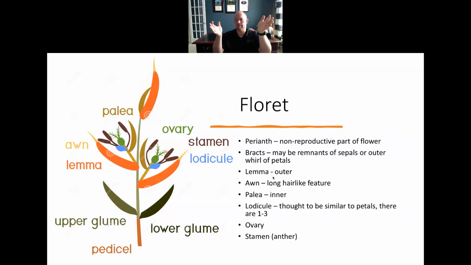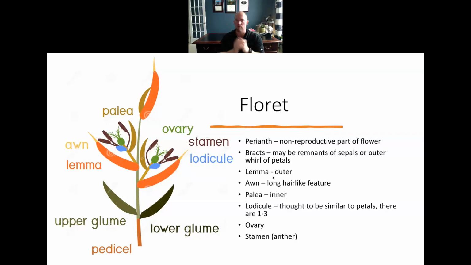The glume would be like those sepals, which are those little green vegetative leafy-like structures below the petals on a flower. Okay. And then inside of the palea emerges, you figure the lemma and the palea kind of work together to encapsulate the reproductive structure.